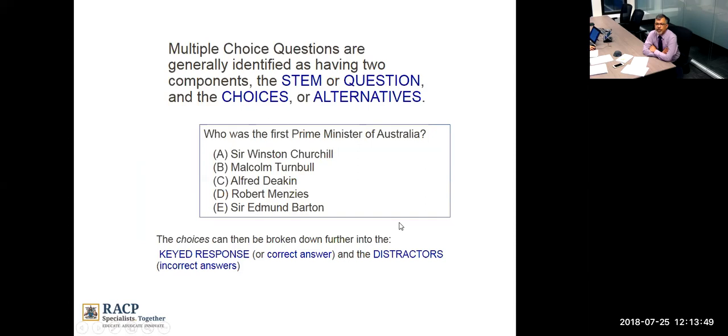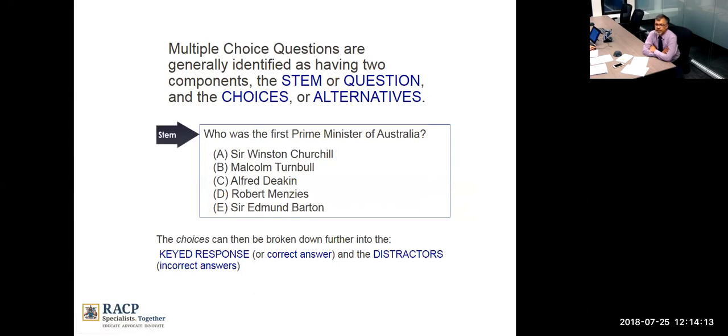Here's another example. I want to make sure we're on the same page with regard to nomenclature, how we call these different parts of the multiple choice question. Take a look at this question: who was the first Prime Minister of Australia? Do you know what the answer is? Okay, let's take a look. Click the button, please. In breaking down this question, the first part is the stem.